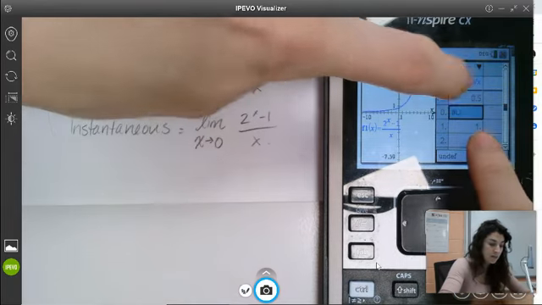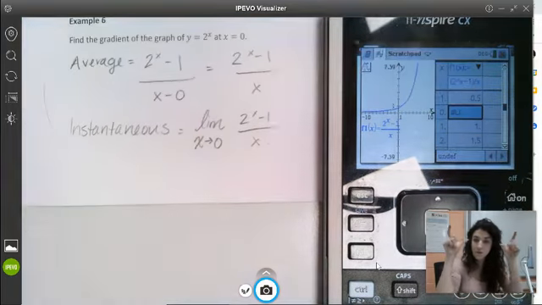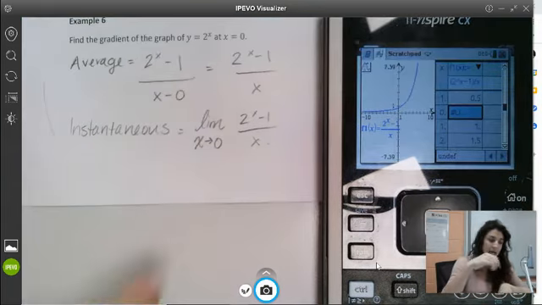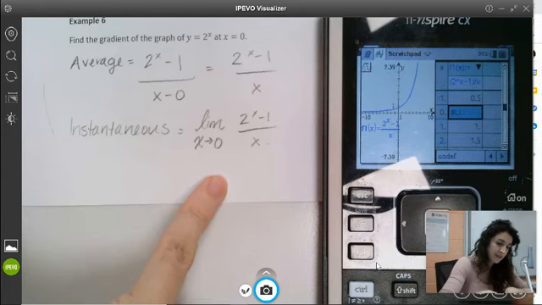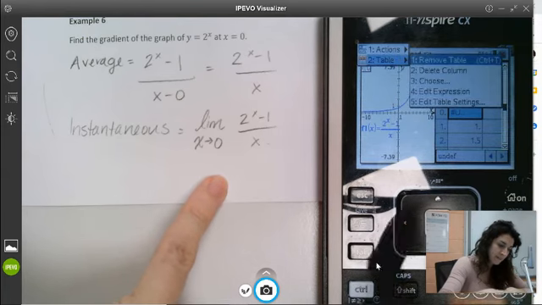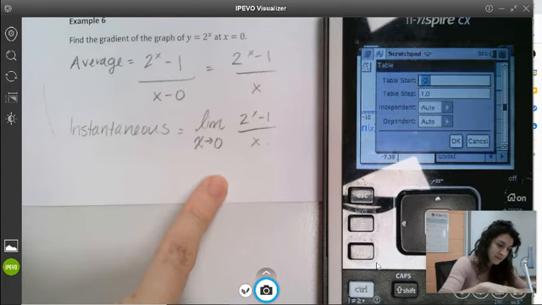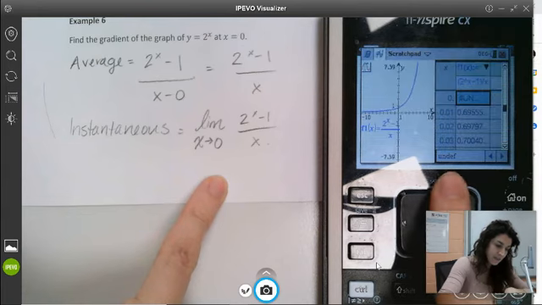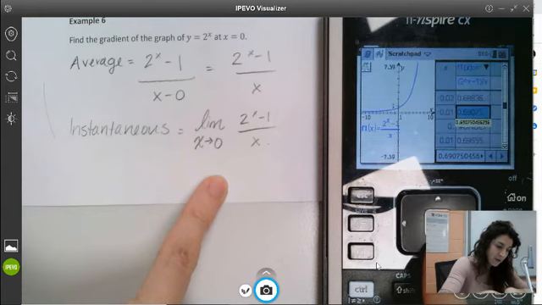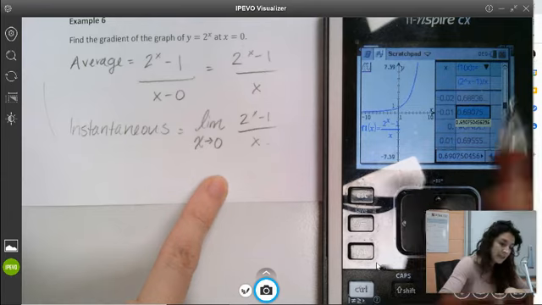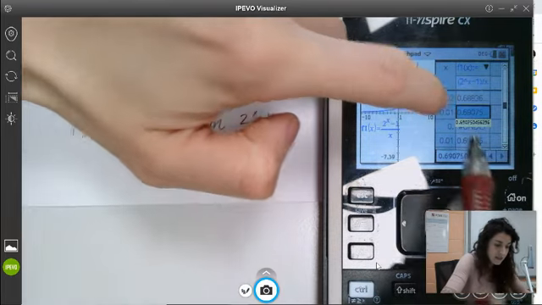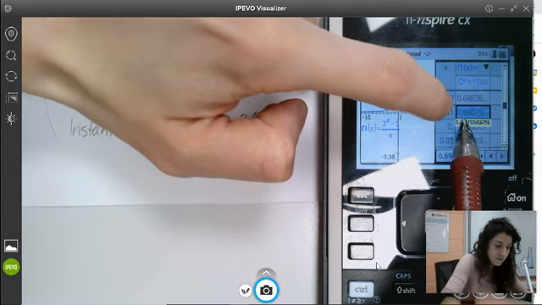So I want to change my step to be zoomed in a little bit further, as we saw in class today. Table settings, starting at 0, and I'll have my step be 0.01. Here it's a little bit easier to see what number is going to be squeezed in between these two values.